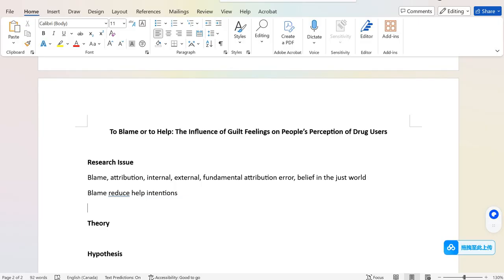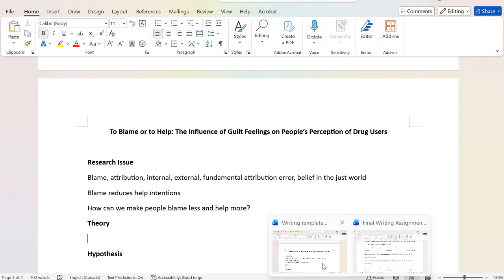How can you make people less punitive and more helpful? How can we make people blame less and help more? That is the question. The theory is your answer to the question.